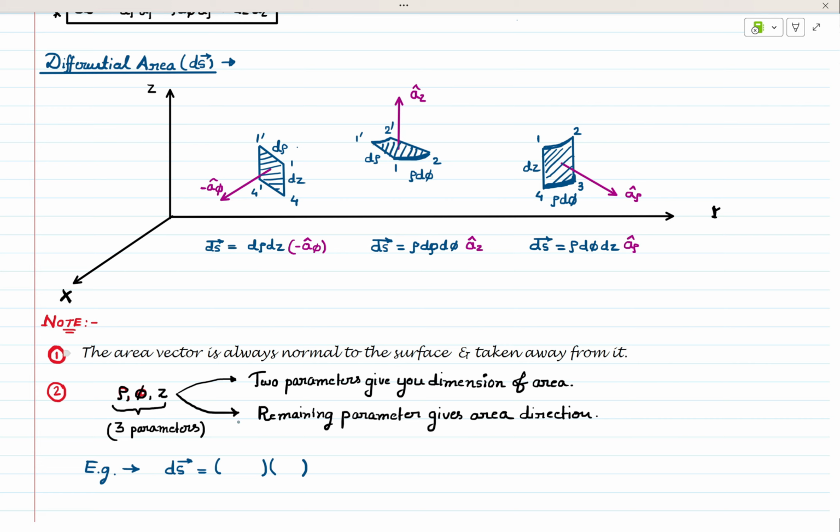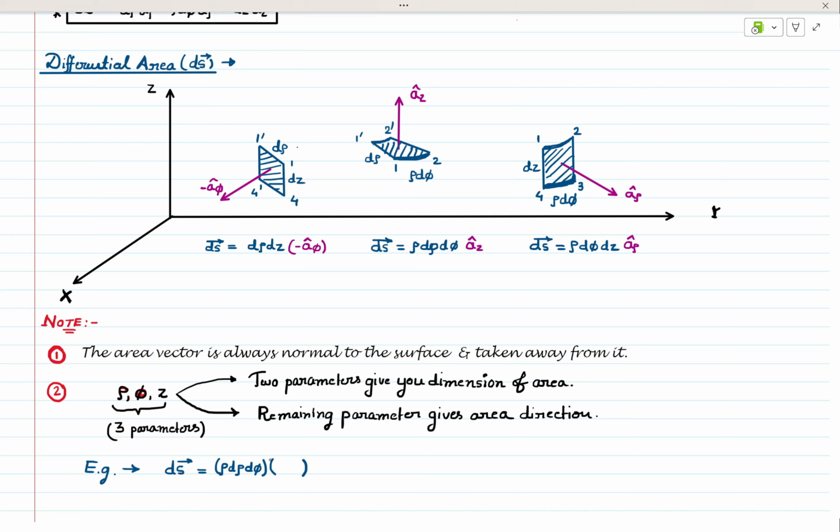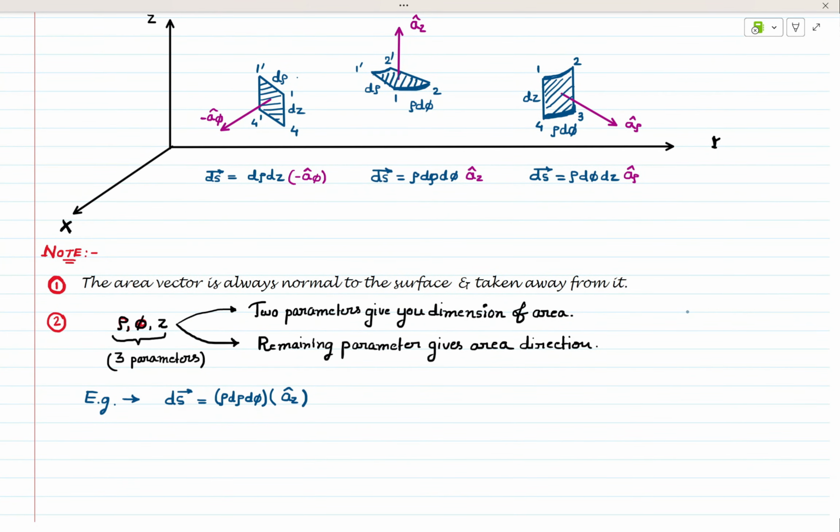Rho d phi. Okay, rho d phi. That means rho and phi have been used here to give the dimensions of the area, and the direction is given by the remaining parameter. The remaining parameter is what? Z. So Z is used to give the direction. That is what I have written over here.